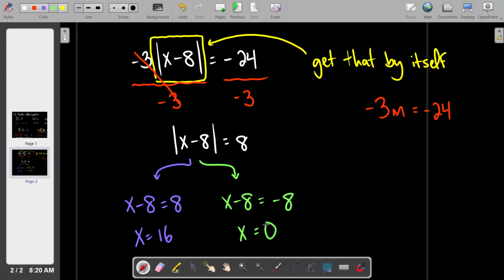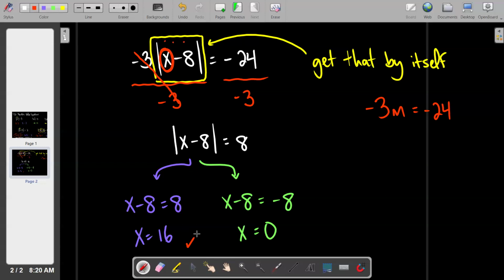Not a bad idea to check them. Go back up to the top. I'll use a red circle up here. It's more of a red oval. Change that into 16 real quick. What is 16 minus 8? 8. What's the absolute value of 8? 8. What's negative 3 times 8? Negative 24.